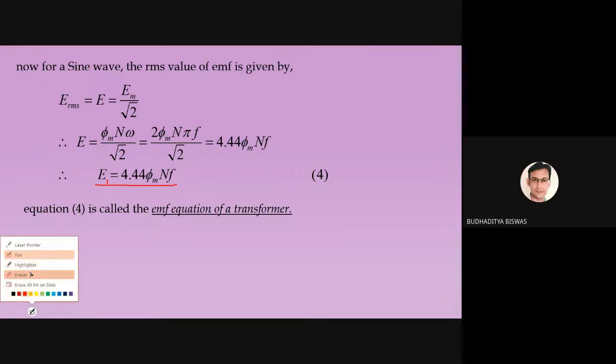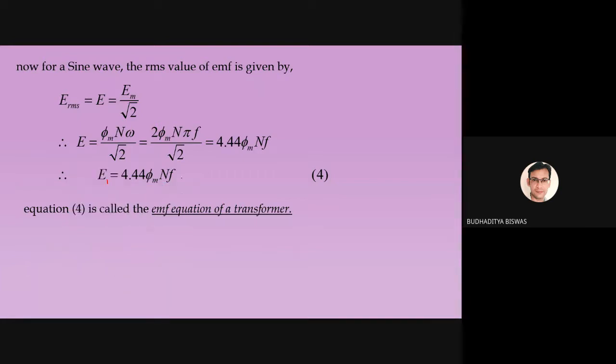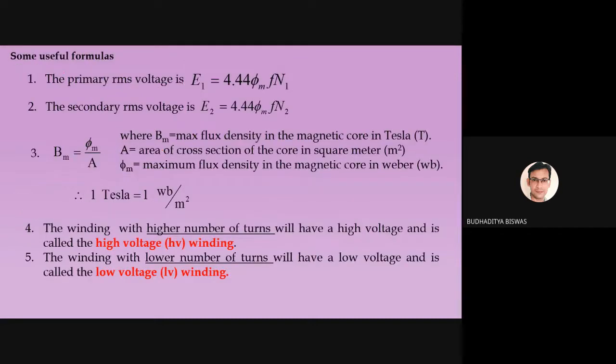Very good. Only the number of turns, because apart from this, everything remains constant. So this would be N1. E1 equal to 4.44 phi m f N1 is the EMF equation of the primary side. The secondary RMS voltage is E2 equal to 4.44 phi m f N2.